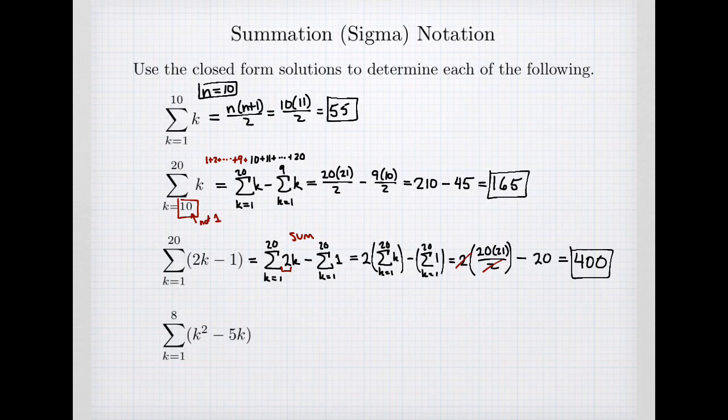So now we get to do the same thing. This last term, again, I'm going to use a sum. There are 2 terms, so we'll split it into 2 terms. And I also have a constant multiple that I'll factor out, the 5 from all those terms. So I have the first term is the sum of k squared, and then I'll subtract 5 times the sum of the k's by themselves.